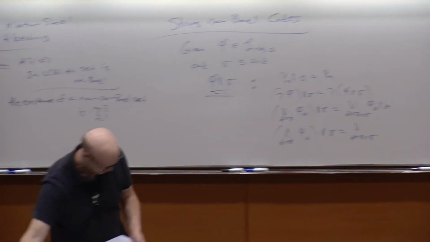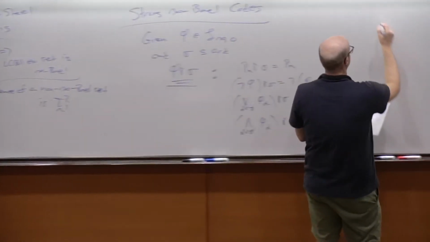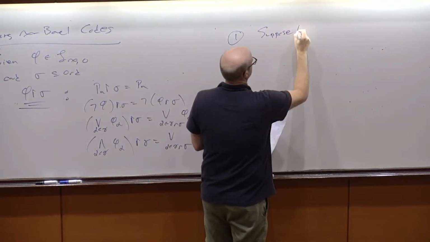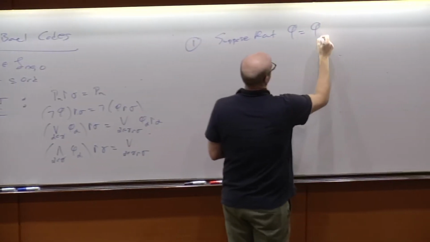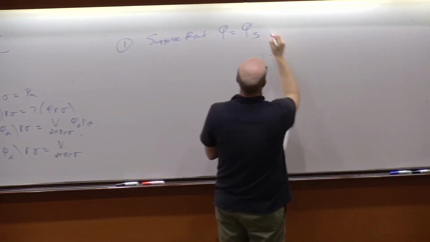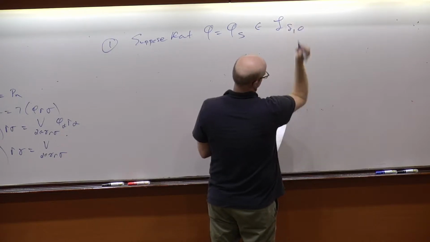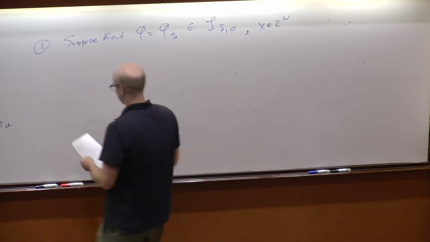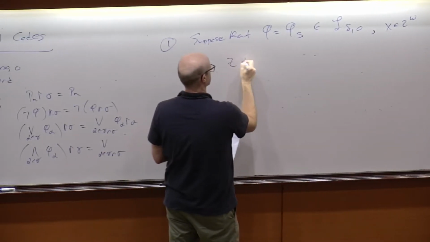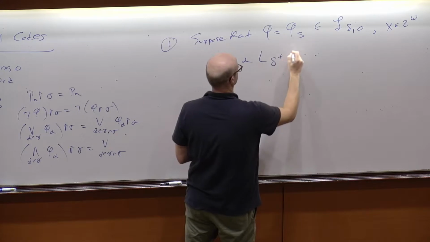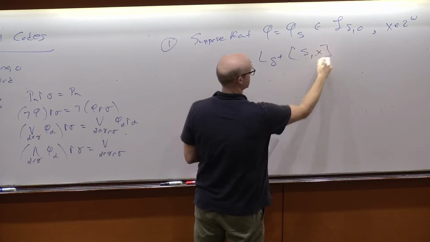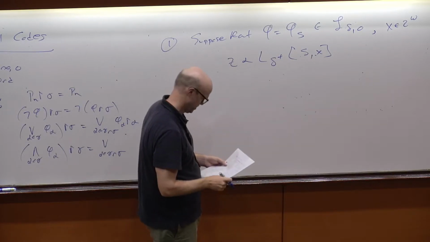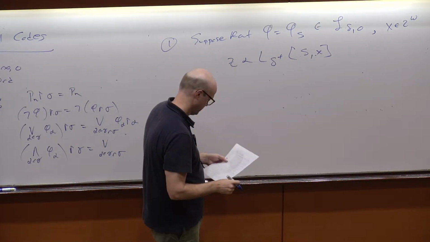One thing we can note, as a warm-up observation about this notion, let's suppose that I had a formula phi, some phi_S, which is in L_delta for some delta, and let's suppose that x is in 2^omega, and let's suppose that I take an elementary substructure Z of L_delta-plus of S and x. This is all in the context of choice now.